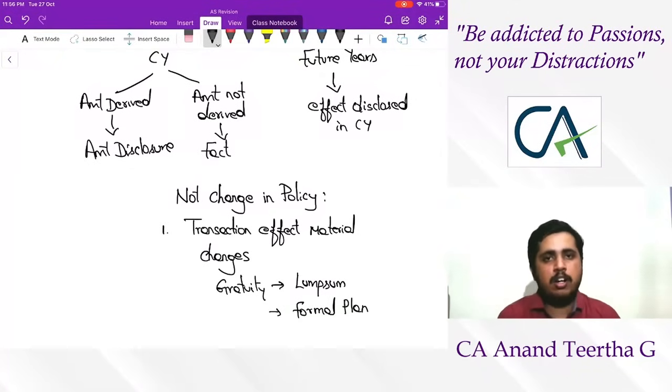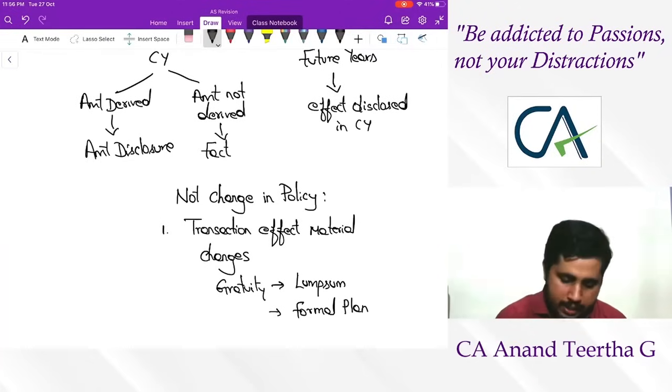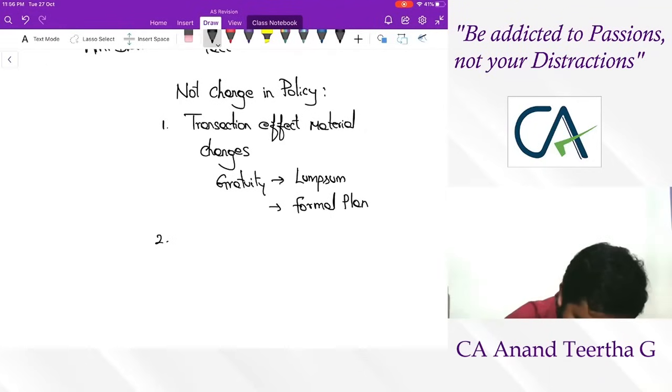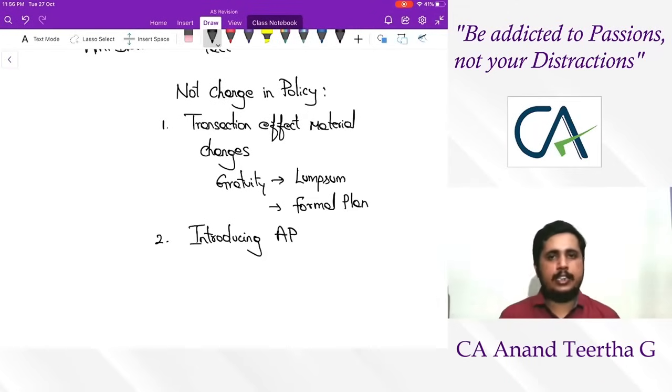A transaction called gratuity, now they are making a significant shift in the way they want to accept it. So this is not a change in policy. This is actually bringing in a policy. So therefore, do not consider this as change in accounting policy. The second one, if we are introducing an accounting policy, do not consider that as a change. Policy was not at all there. You are introducing it. Then don't consider that as change in accounting policy. Okay, so policy was not at all there.